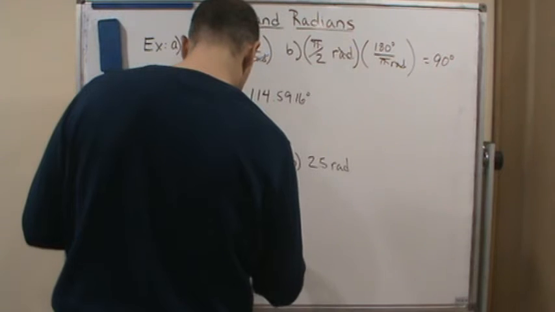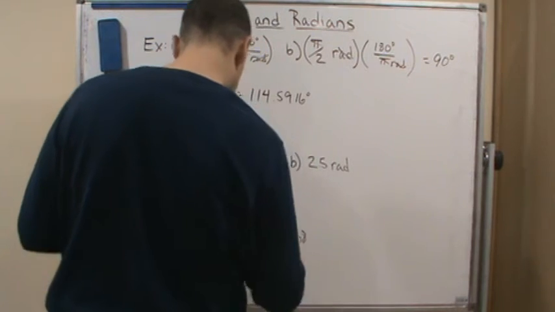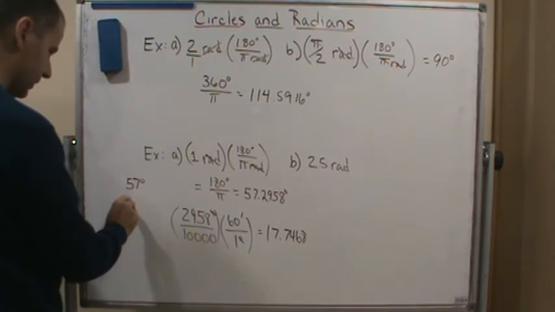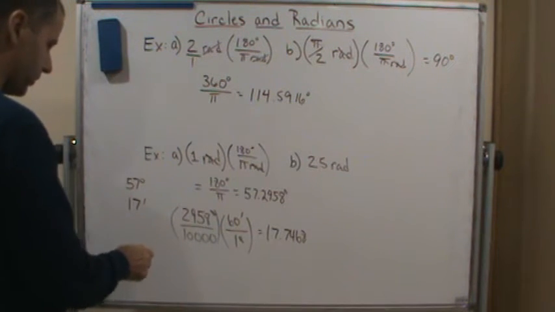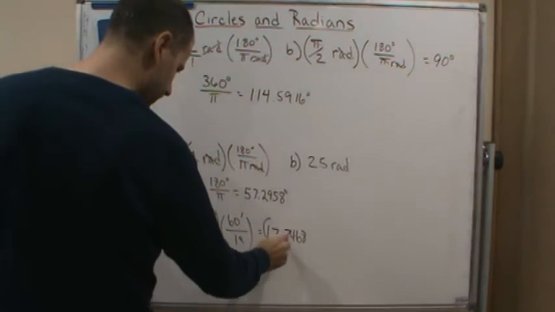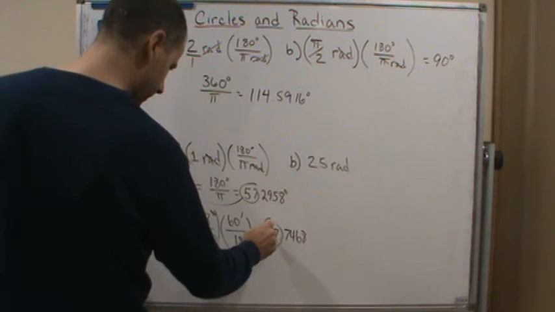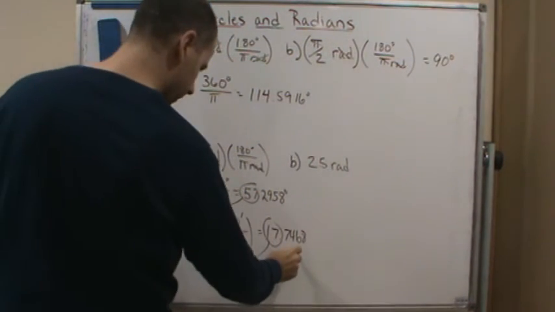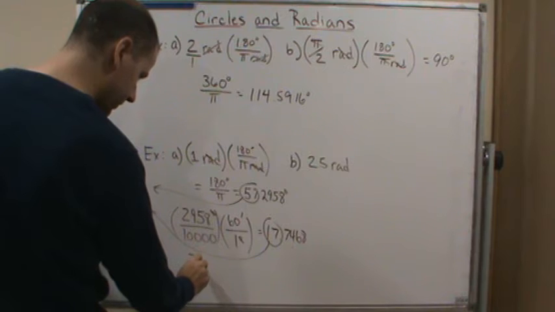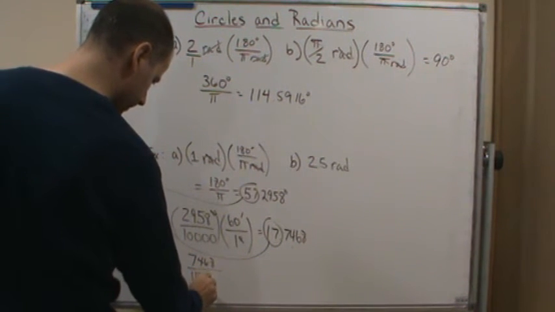So you get 17.7468. And so that means you got 17 minutes, right? So that means that's this part here. So this part here gives you the 57. This part here gives you the 17. And now we're going to deal with the fractional part, so that we're going to write that as 74.68 over 10,000.